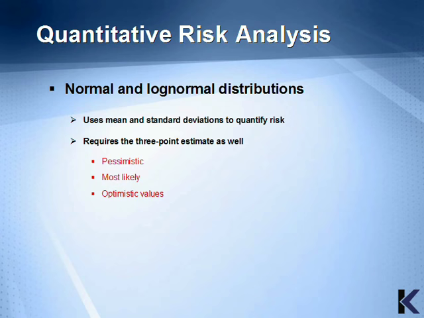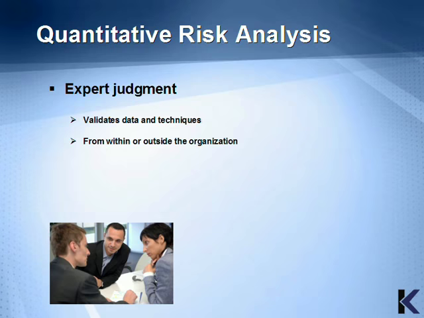For normal and log normal distributions, we find that it uses mean and standard deviations to quantify risk. This also requires the 3-point estimate: pessimistic, most likely, and optimistic values. For expert judgment, the project manager would want to validate the data and the techniques from within or outside the organization.